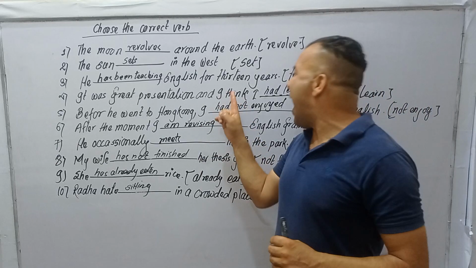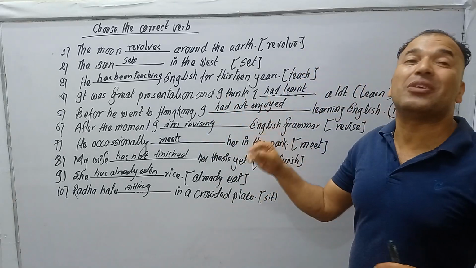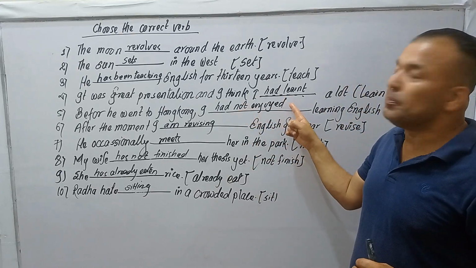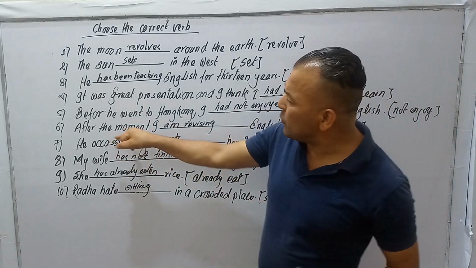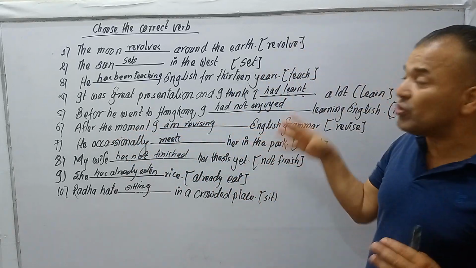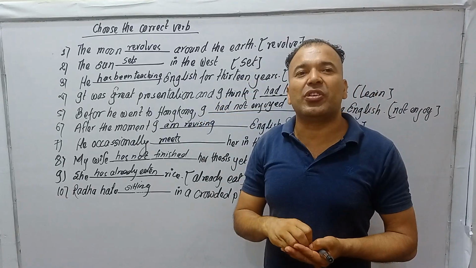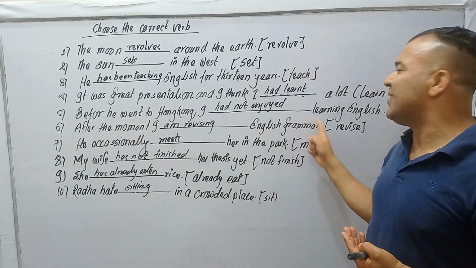In this condition, I plus had plus not plus enjoyed, third form of verb, had plus V3. I had not enjoyed learning English. After the moment I am revising, after the moment I am going to do something, a continuous action. That's why I am revising English grammar.